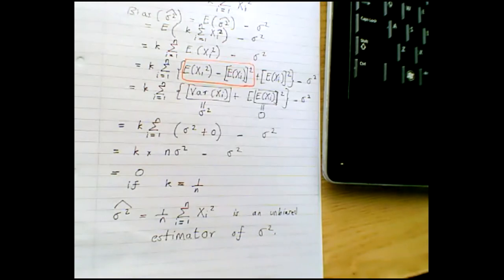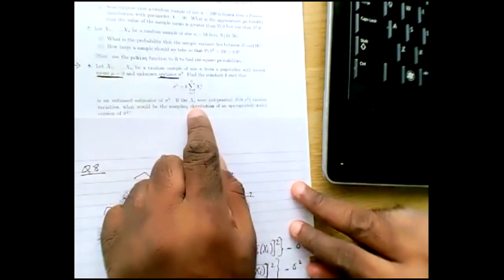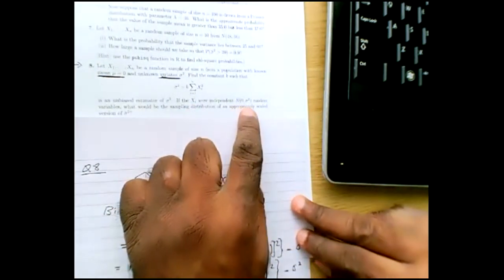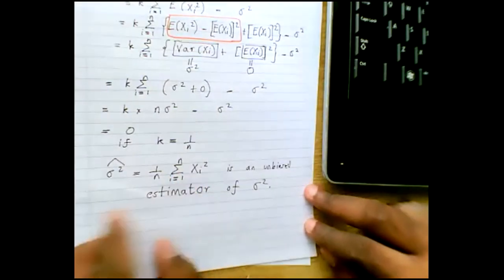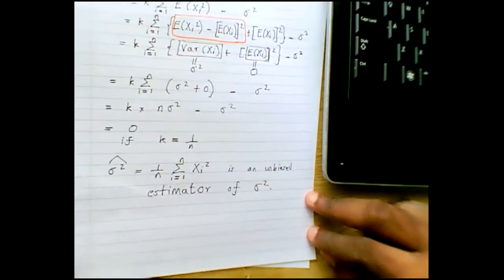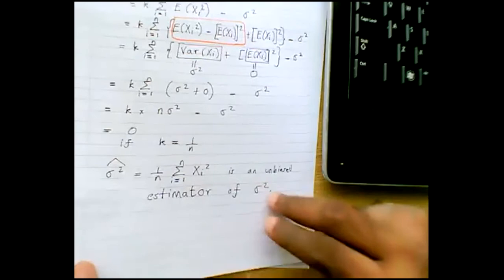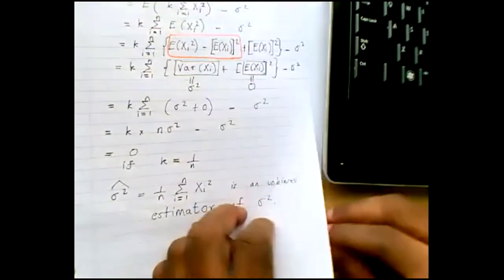All right, now part two of question 8 is asking you to do the following: if you assume that xi is normal with mean 0 and variance sigma squared, then it's asking for the sampling distribution of this. So let me show you how to do it. Let me try to move this page.